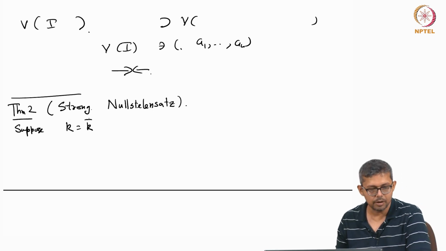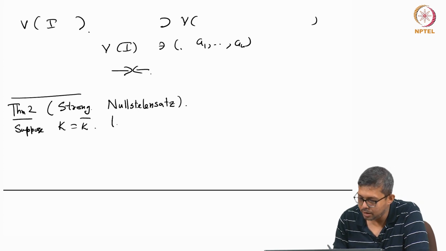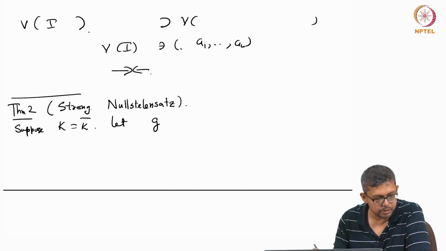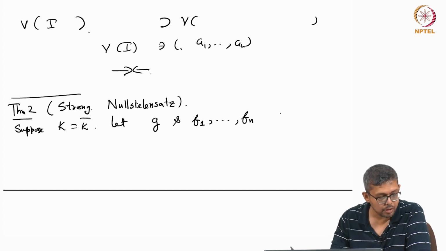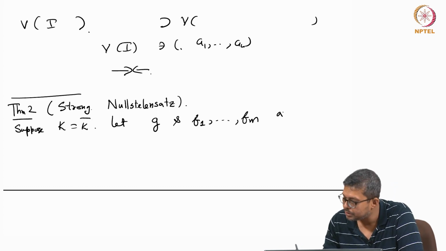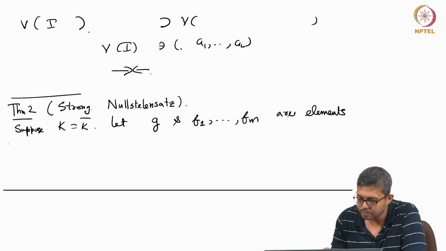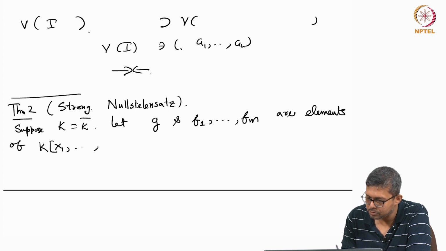Suppose K is algebraically closed, let G and F1, F2, ..., Fm be elements of K[x1, x2, ..., xn].